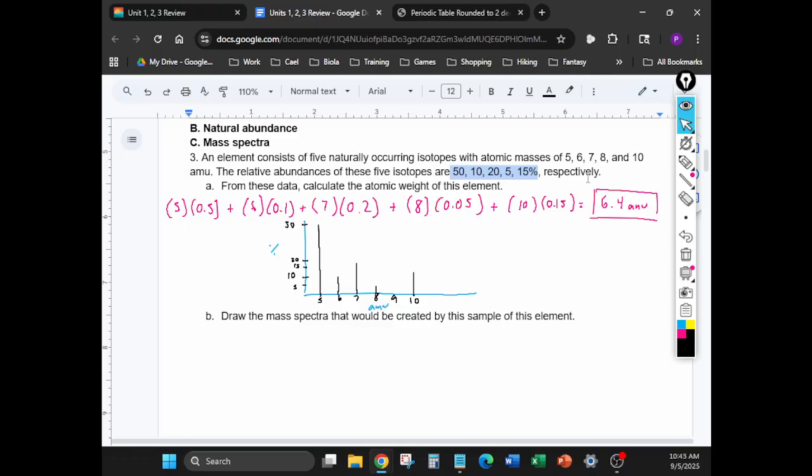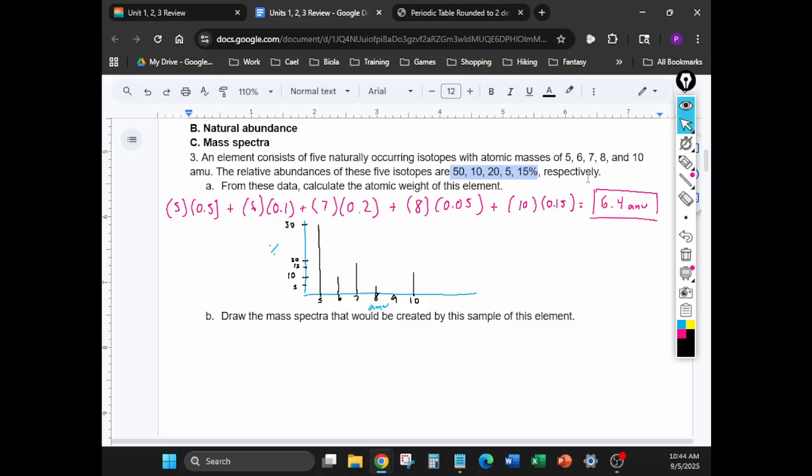You should get 6.4, and make sure you label the number AMU. Any questions on number 3, the relative abundance? Again, you will have a question almost exactly like this on your exam. So make sure you're comfortable doing those conversions from percentages to decimals, and then solving for the atomic weight.